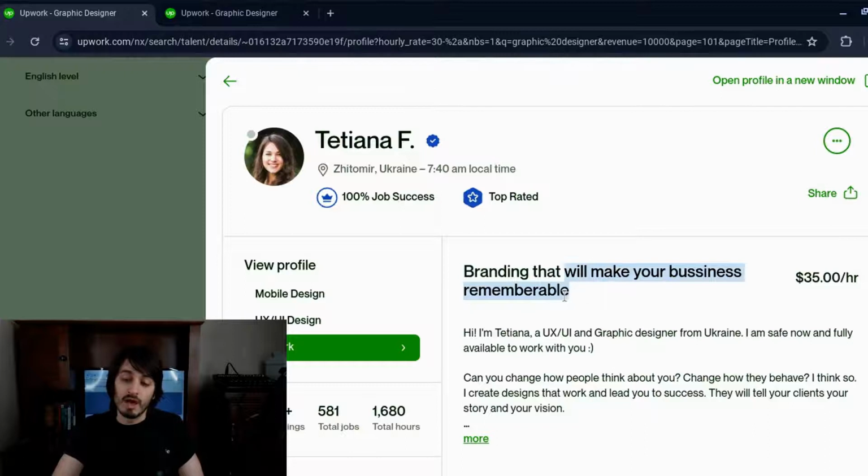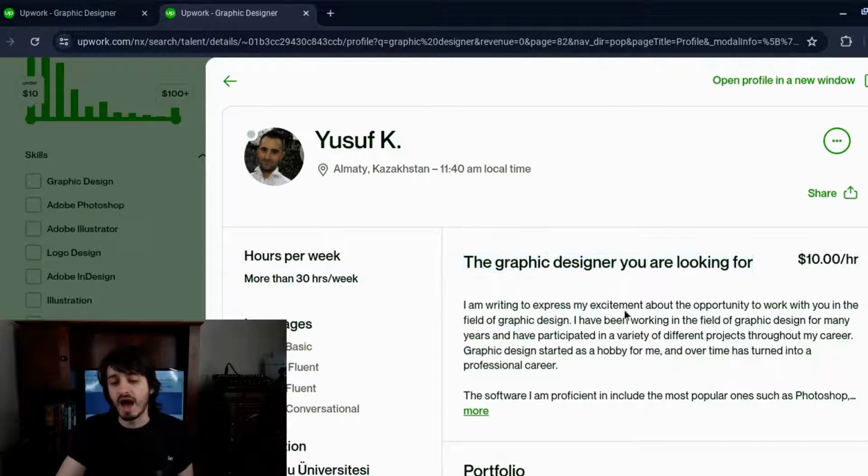And for clients who are looking for brand marketing strategy and a graphic designer who's going to help them make a brand that people become more loyal to and remember, that's exactly what they're looking for, and it's an interesting benefit. But for this guy, "I'm the guy you're looking for"? Why? You don't even know what I'm looking for.